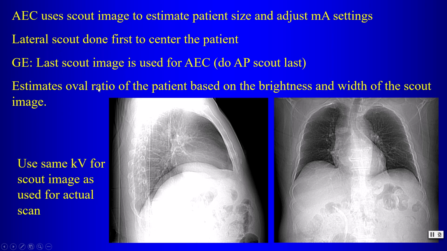So the software here estimates the oval ratio of the patient based on the brightness and width of the scout image. Using preset algorithms, it estimates the size and thickness of the patient to then change the mA as you are scanning through the patient to maintain constant image quality for the different parts of the patient that you are scanning.